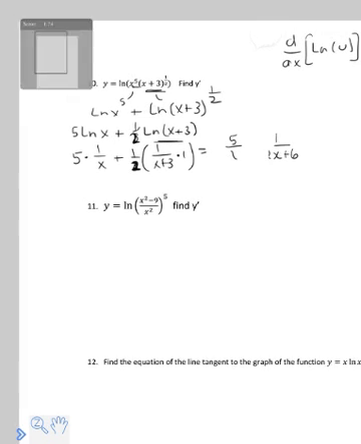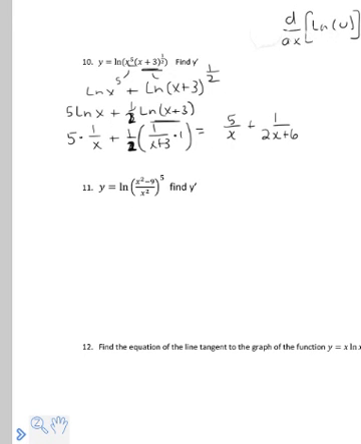Okay. Similar type situation on question 11. We have the natural log of a quotient here. So we can separate that into multiple logarithms with a subtraction. First thing though, since this 5 is on the outside of the expression, I'm going to move that straight away down in front of the logarithm. So y equals 5, and now I'm going to separate this into multiple logarithms using a subtraction.